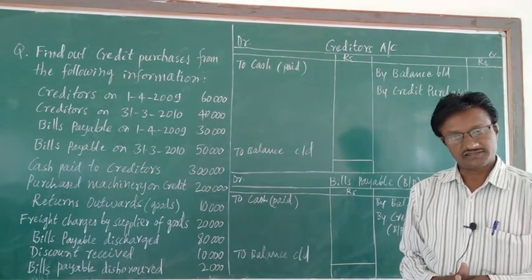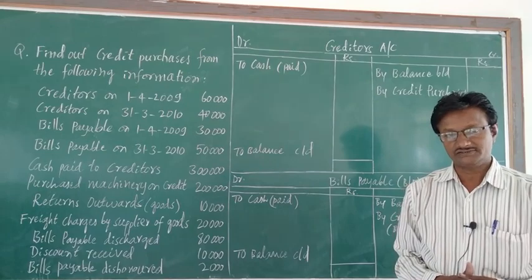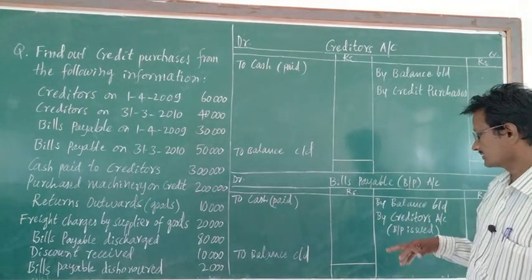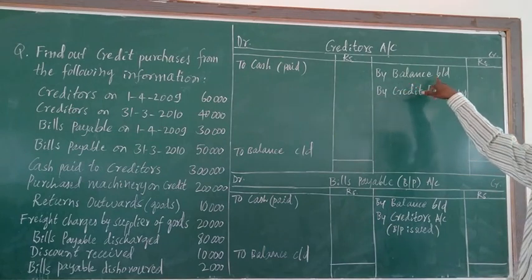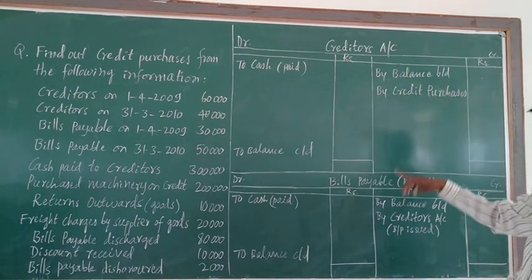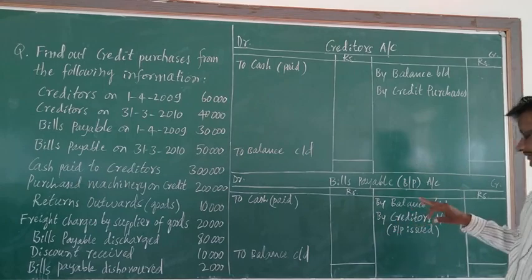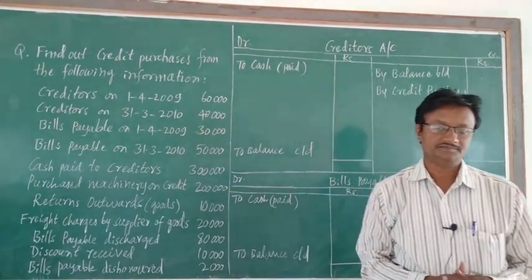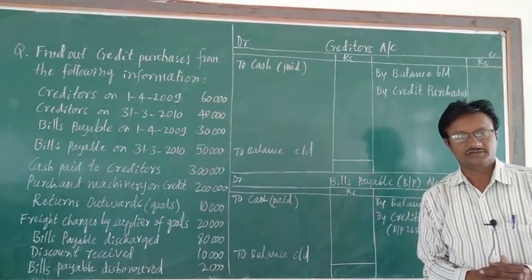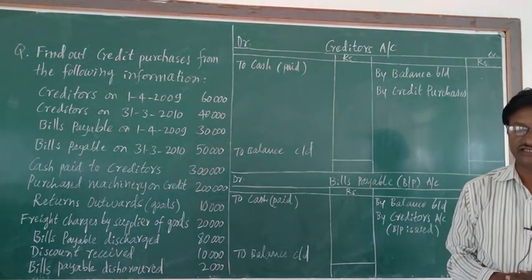Creditors account and also bills payable account always show credit balance. So opening balance, it may be creditors opening balance or bills payable opening balance, should be taken on the credit side because these two accounts always show credit balances.